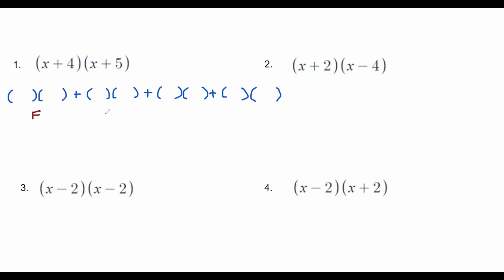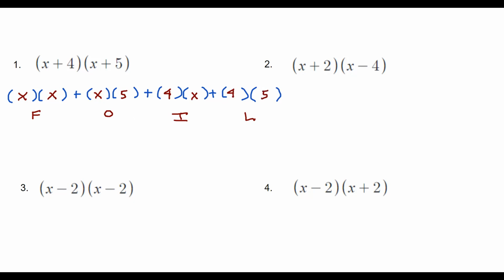This is going to be the first, this is going to be the outside, this is going to be the inside, and this is going to be the last. Our first are x and x, which is pretty common. The outside, x and positive 5. Our inside, 4 and x. And then our last, 4 and 5.